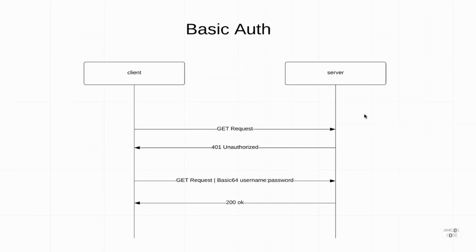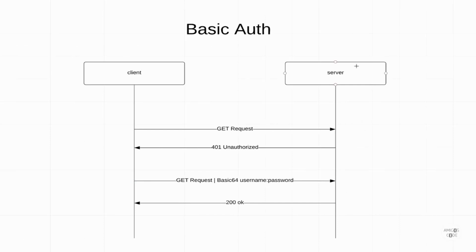And this is because with basic auth, you need to specify the username and password inside of the request header as base64. So every single request that you send to the server, you need to specify the username and password. And this is encoded as base64 inside of the request header.